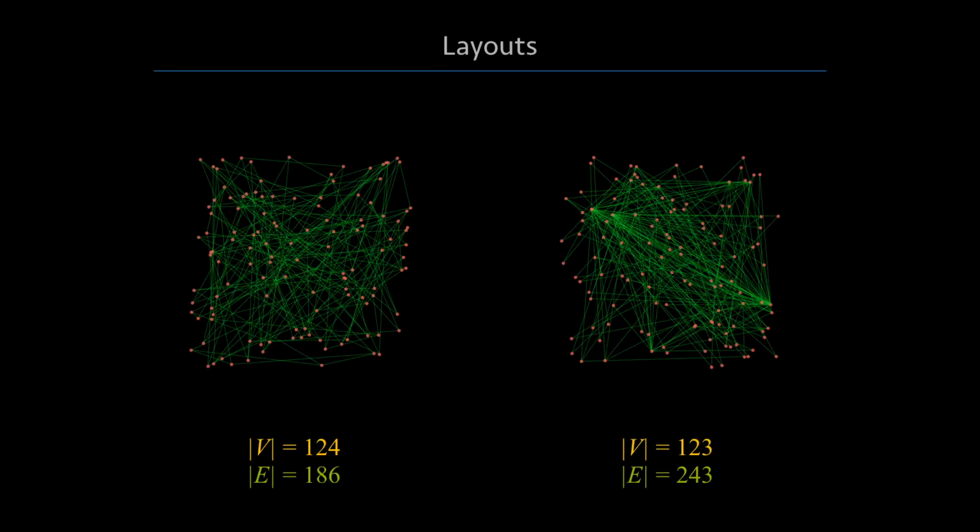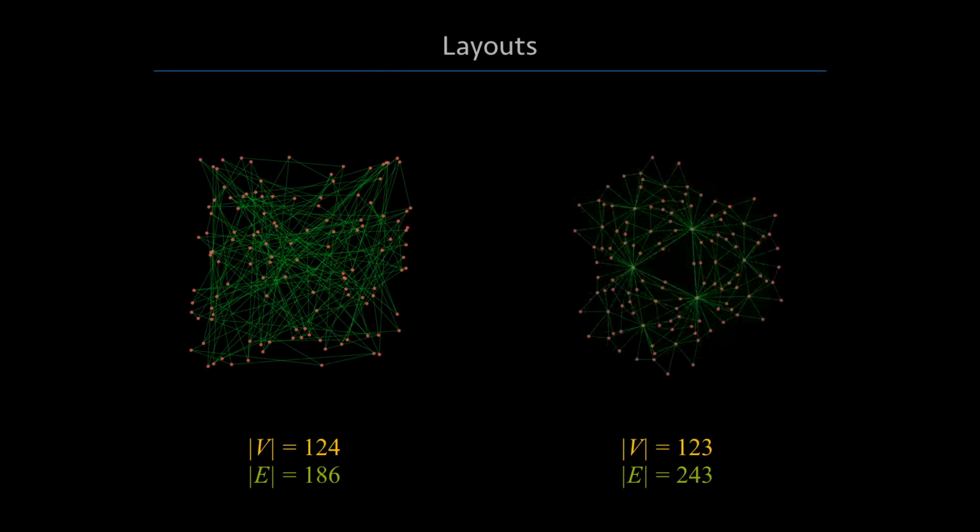If we choose, though, the positions, the placements of these vertices in a more intelligent way, perhaps we can see that the graph on the right looks something like this. It has a very clear structure where there are few nodes in the center that are highly connected, and as you go out, nodes become less and less connected.